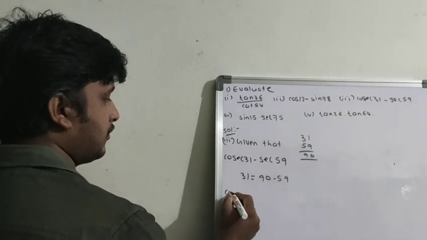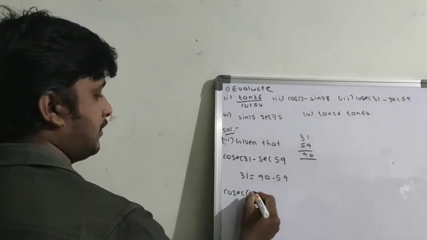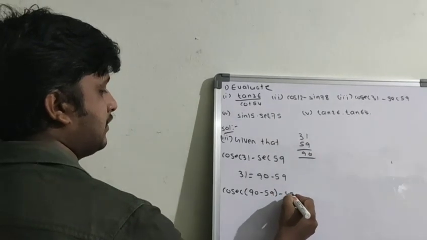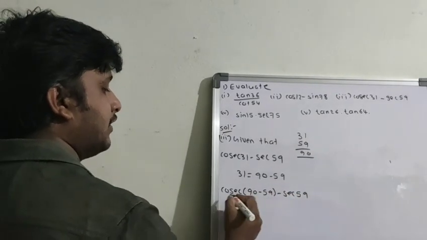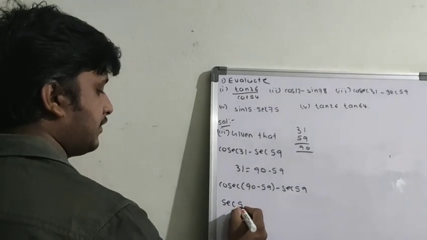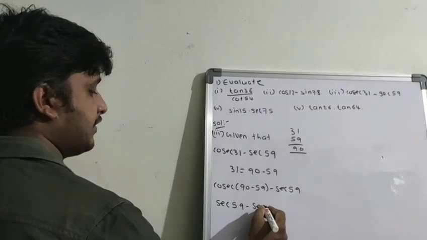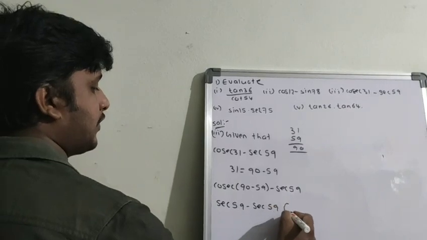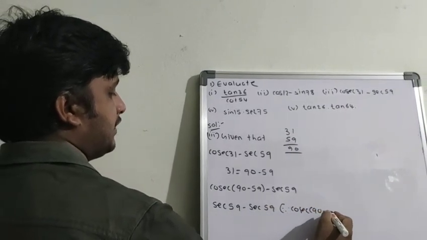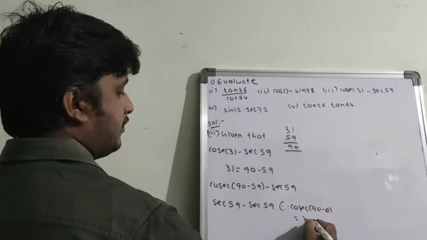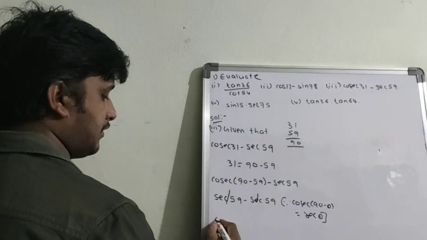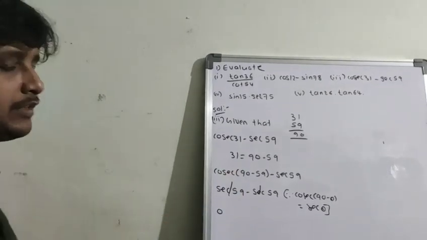Substitute here: cosecant(90 minus 59) minus secant 59. Cosecant(90 minus theta) is equal to secant theta, so this is secant 59 minus secant 59. These two get cancelled and the answer will become 0.